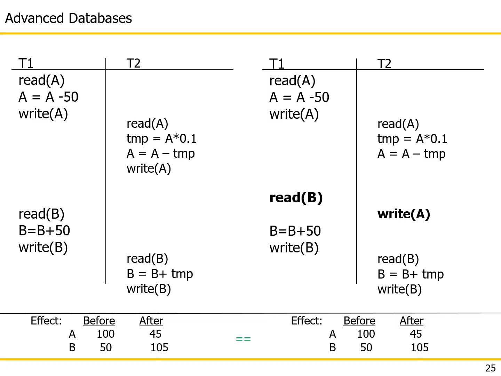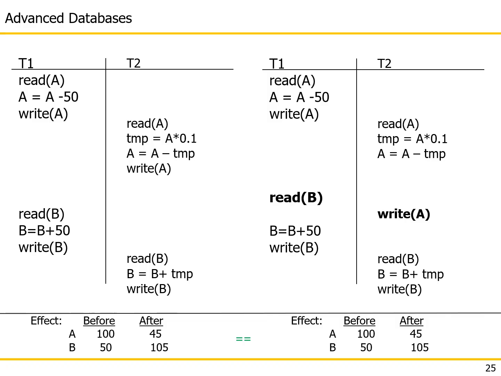I start with T1, I read A, subtract the 50, write A back, and a context switch happens, I read A, calculate the 10%, subtract the 10% from A, a context switch happens, I read B, context switch happens, I write A, because now I'm running T2, context switch happens again, I add a 50 to B, write B, context switch happens one more time, I read B, context switch now to T2, I read B, and I execute B equal to B plus temp, and then I write B.